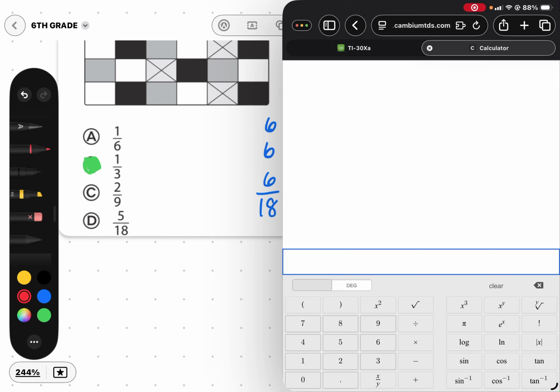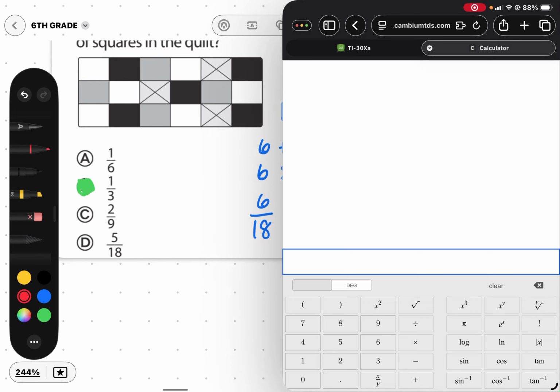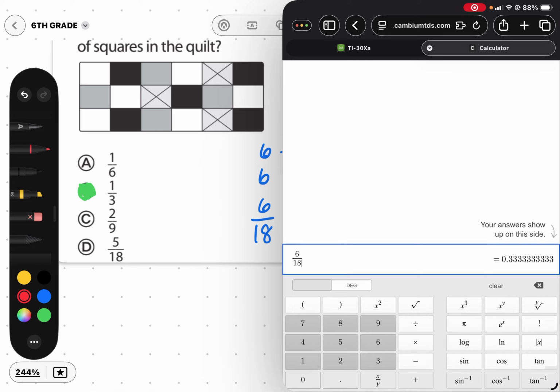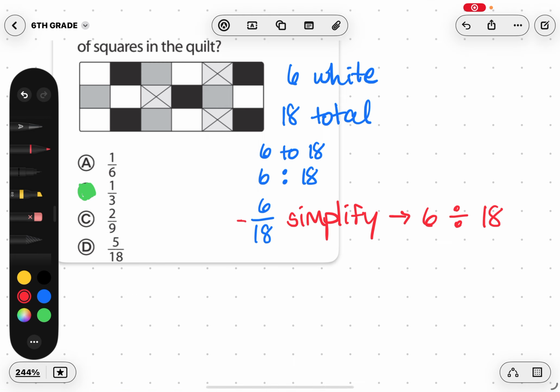This is the one that they let you use on most standardized tests in grade school. So, we want to do 6 divided by 18. That gives you 0.33333. So I'm going to just write that right here, 0.3 repeating.